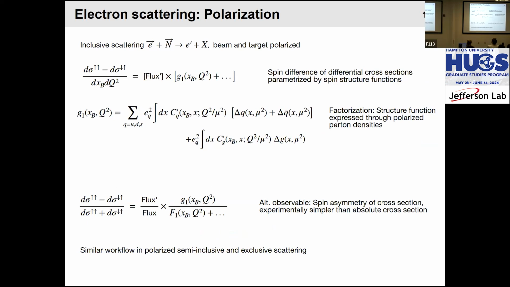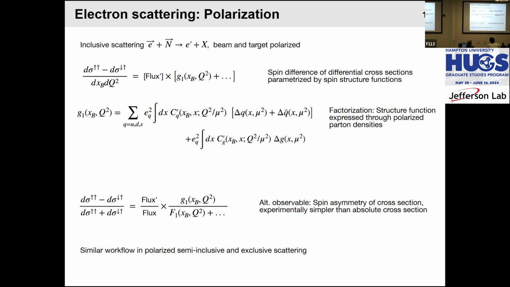All right, let's talk about polarization, which is one important element, in particular in measurements with the electron-ion collider. We can do measurements where either the electron beam or the nucleon target, or both, are polarized.